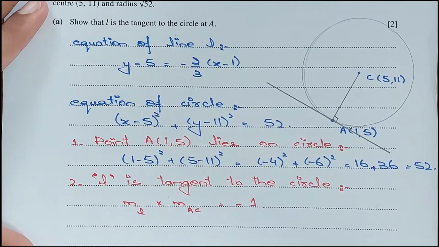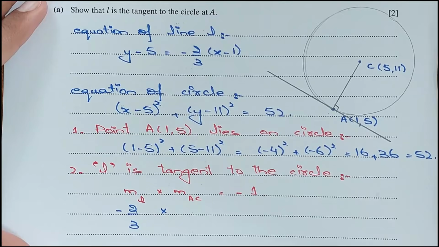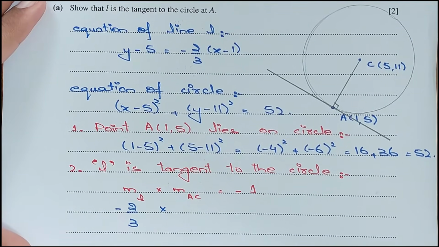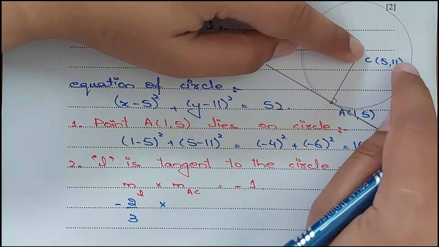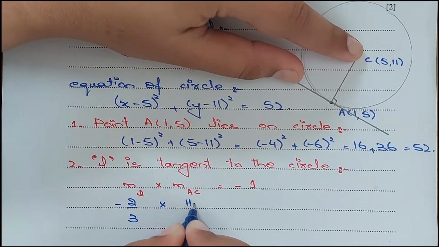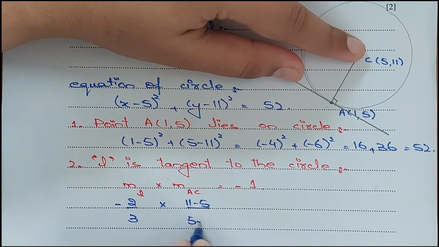So we know that the gradient of the line L is minus 2 by 3, times the gradient of the line AC. We have the coordinates A and C, so let me find it: y2 minus y1 over x2 minus x1, which is (11 minus 5) over (5 minus 1).